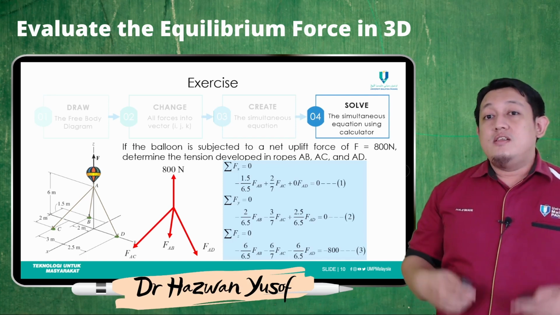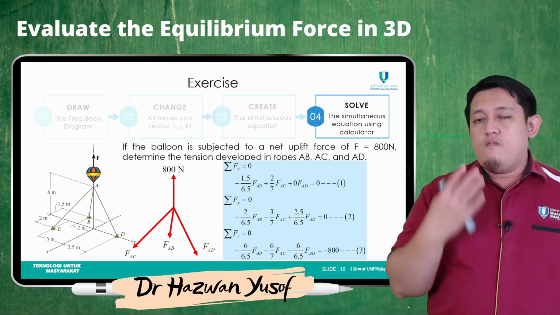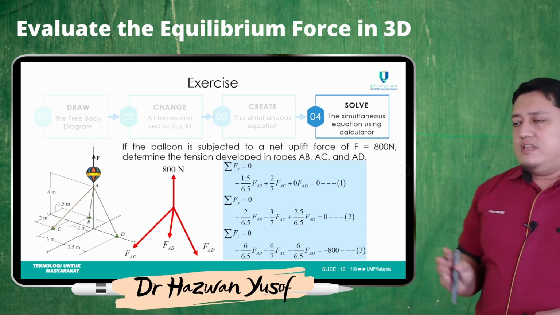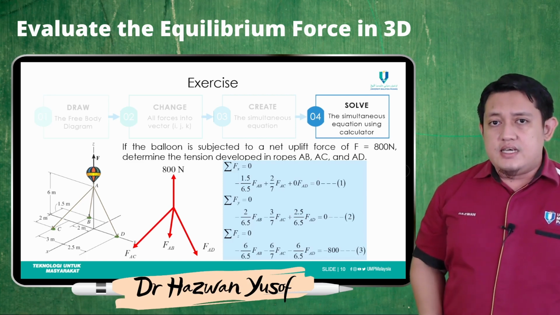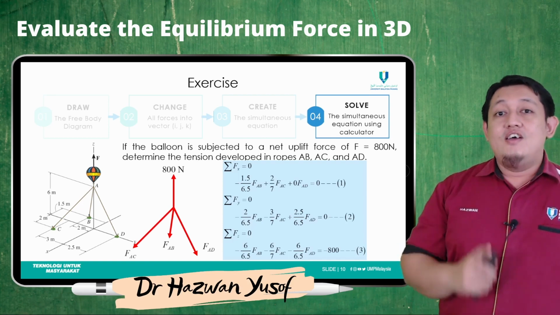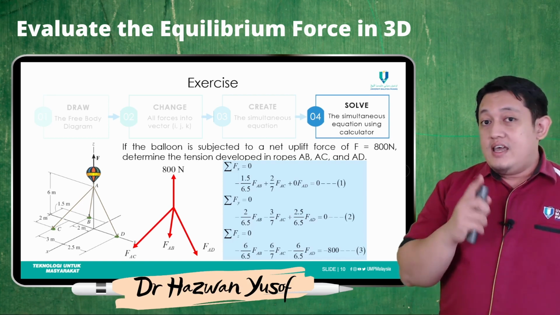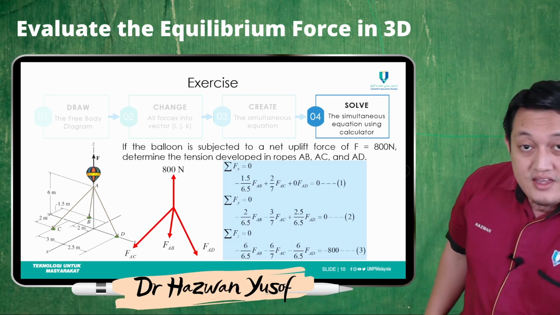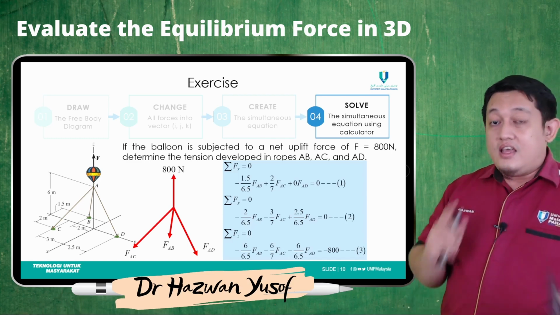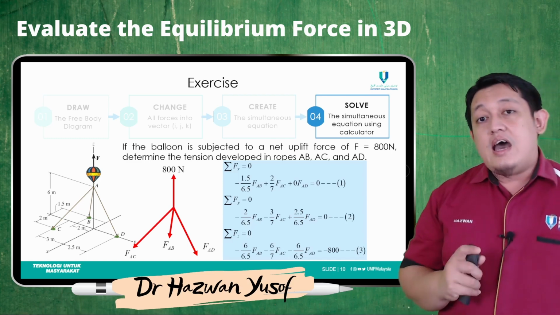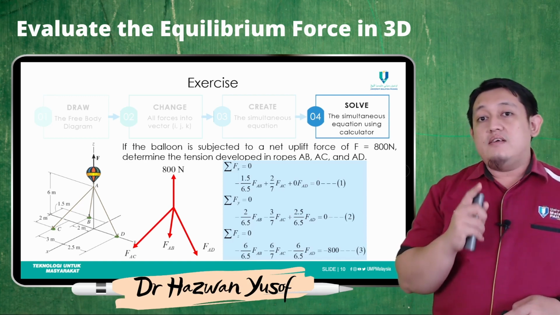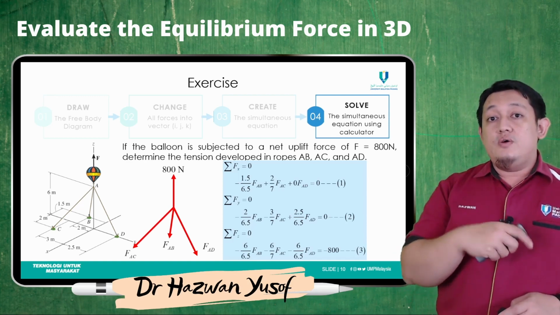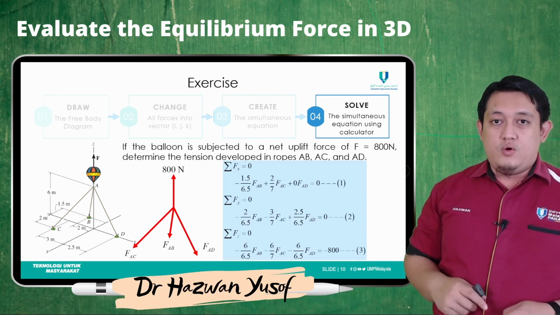Let's proceed to the final step, step number 4. Can we solve these simultaneous equations using the calculator? Yes, we can. So, take out your calculator and try to solve this. If you don't remember how to use this calculator, make sure to check the video tutorial in the video description down below.